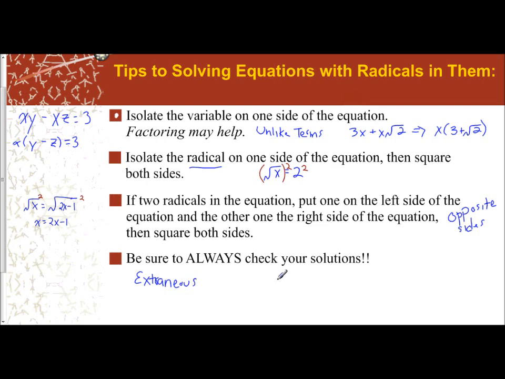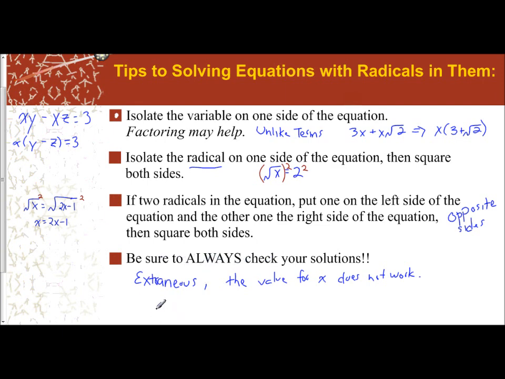And what that means is you're going to get a value for x, but it's not going to be true. It will not work. So if you solve for x, you always have to check your answer. If you plug it in, you're going to sometimes get a false statement. You might get a true statement, which is true. So always check your solutions is not an option.